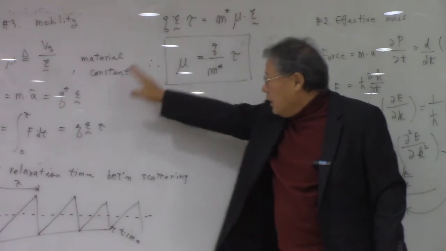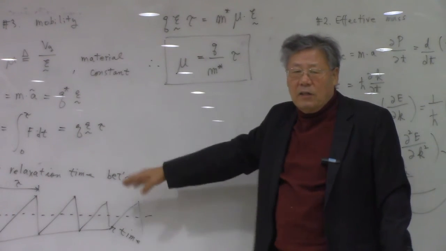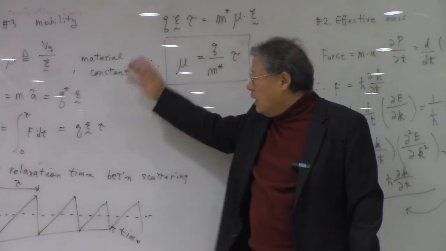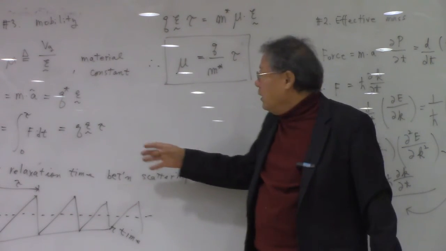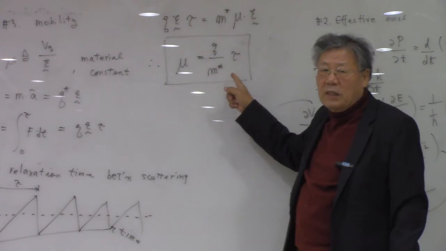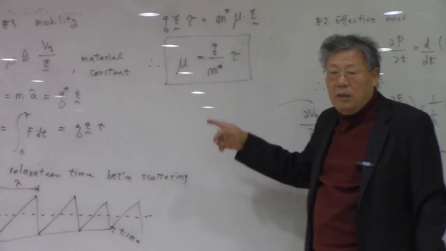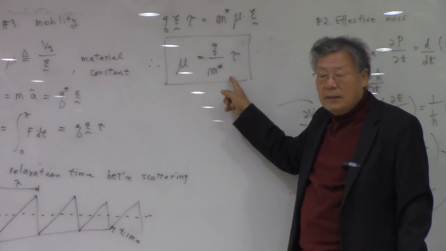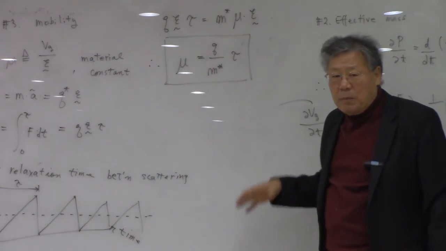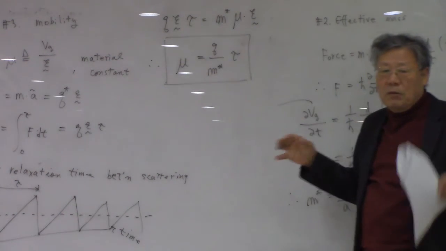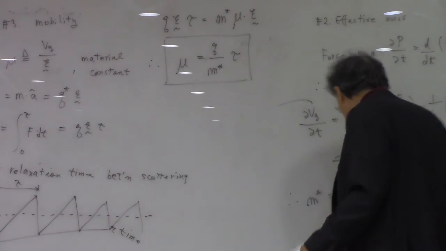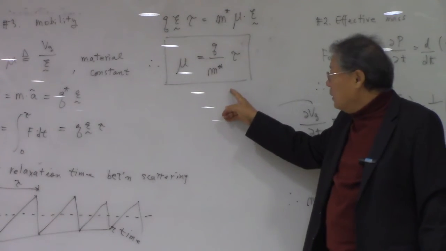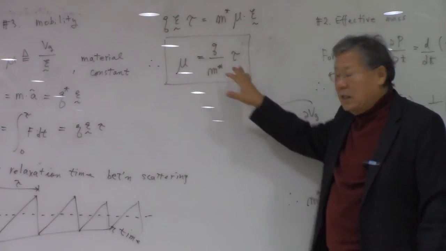So without any complicated derivation, just by looking at this, we can see that the mobility is inversely proportional to the effective mass, and proportional to the relaxation time between scatterings. That is very natural.